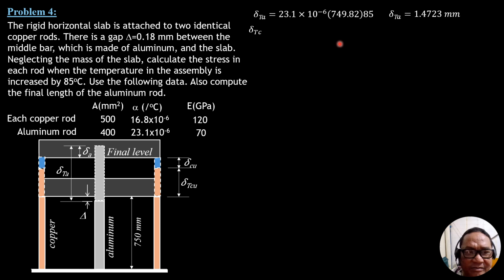Delta TCu due to temperature is 16.8 times 10 to the negative 6, times 750 times 85, and that is equal to 1.071 mm.